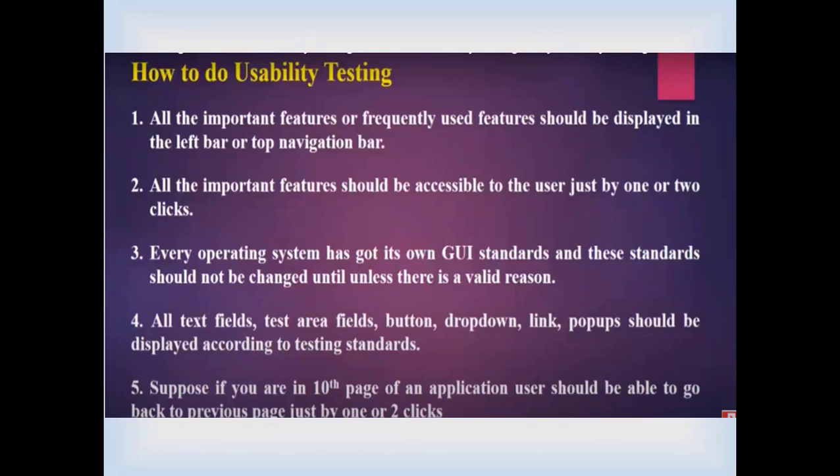Suppose we are on the 10th page and want to go back to the previous page, it should take one or two clicks. Not much functionality is tested here, just how usable the app is. What we test here are fields, text areas, buttons, drop downs, links, and pop-ups in usability testing.